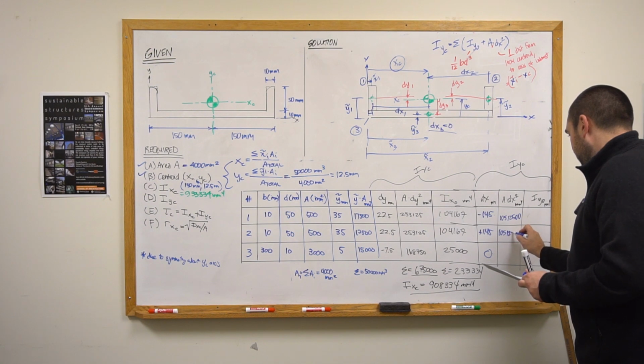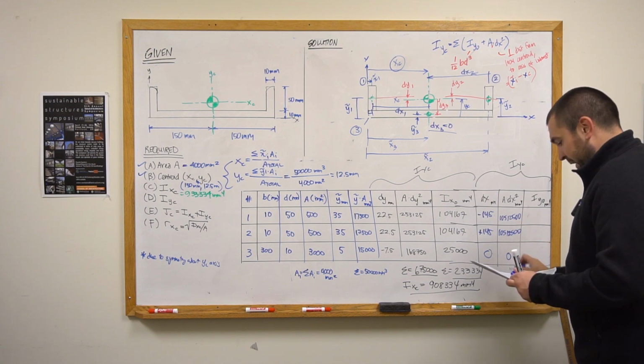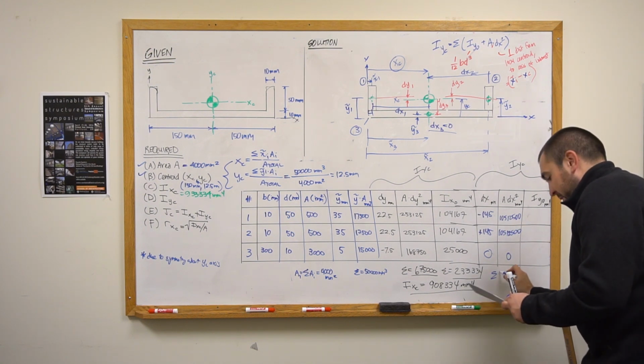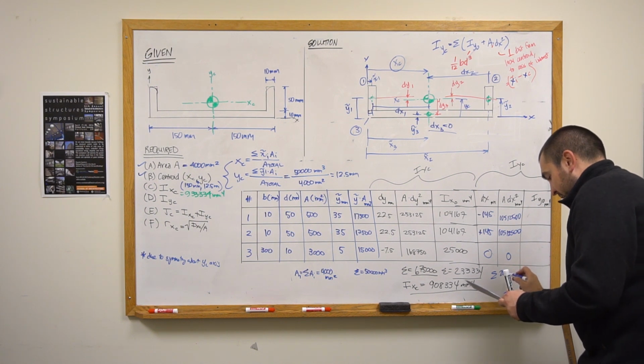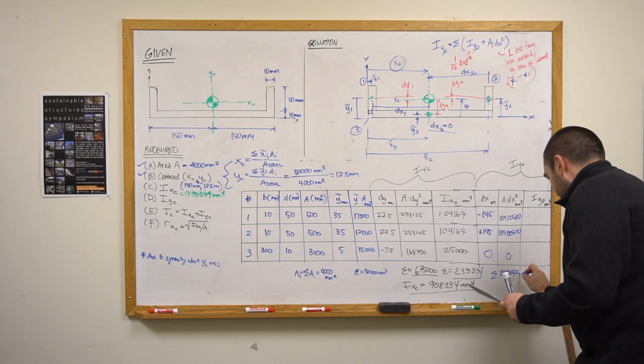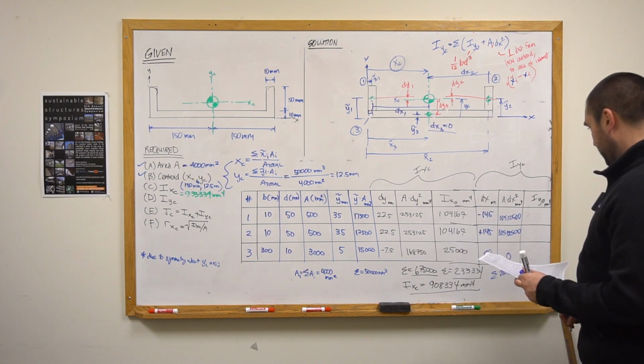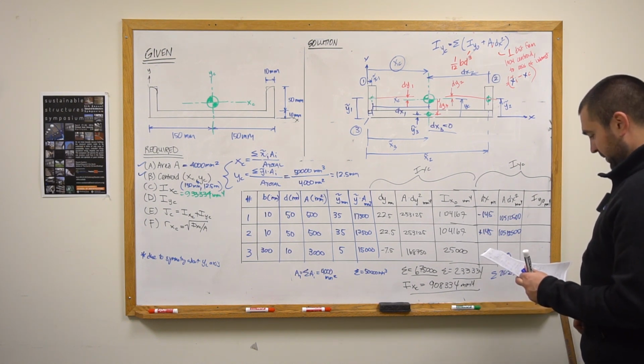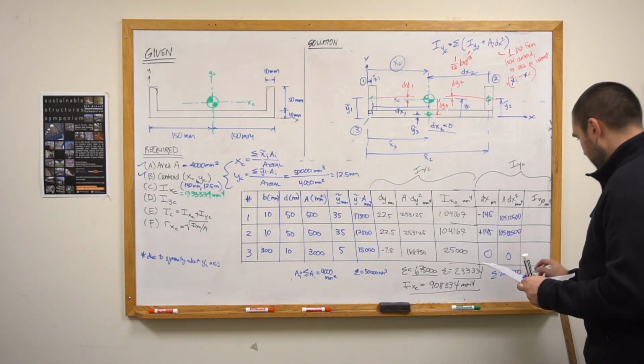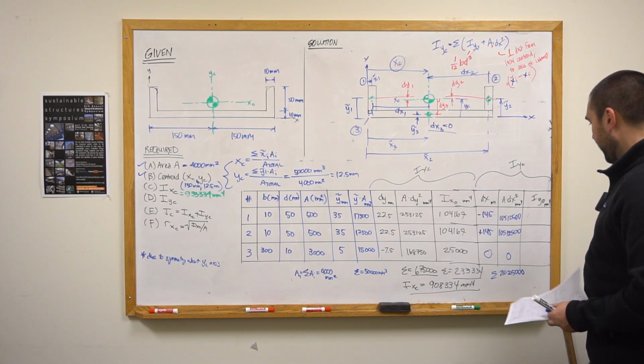And then 0 down here. So the summation is going to be 21,025,000. Okay, there we go.